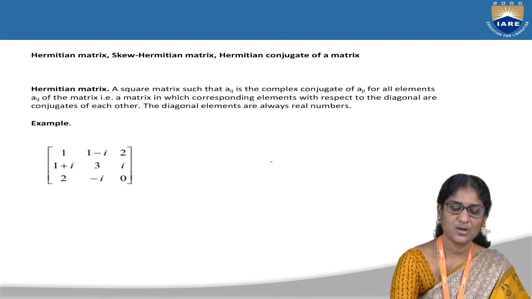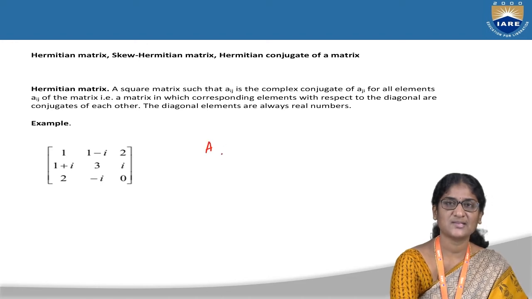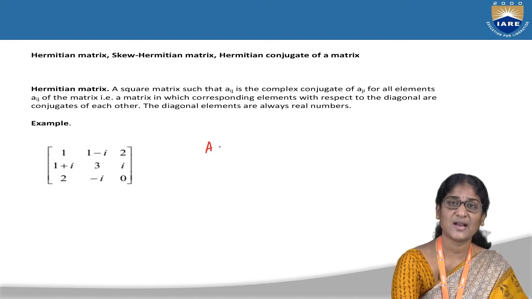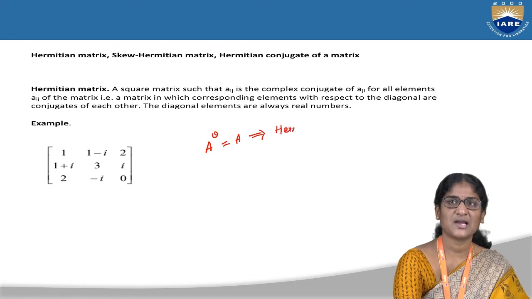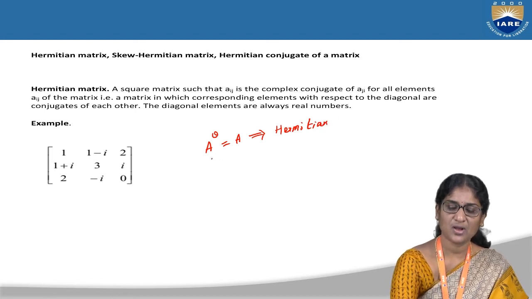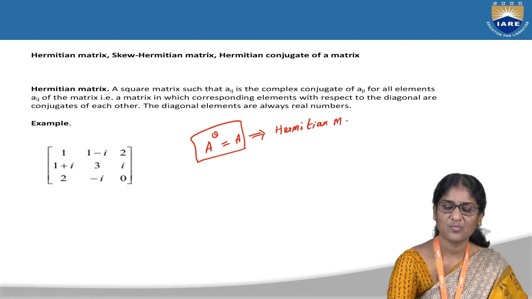Suppose A is any square matrix. If A to the power theta is equal to A, then we call it a Hermitian matrix. That means the conjugate transpose of the given matrix is the matrix itself, and that type of matrix is a Hermitian matrix.